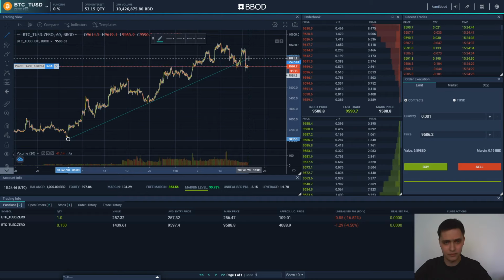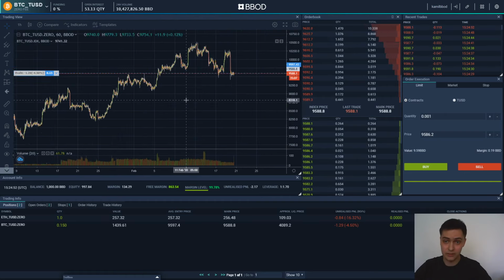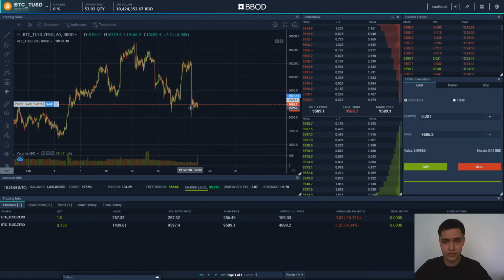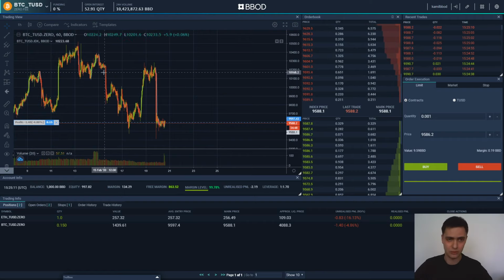Yeah, it's already broken, not relevant. So yeah, now we just wait. As you can see in here, there is a spike below the recent low, but the market didn't manage to hold Bitcoin below that, so we're still above the 9,500 mark. So we'll see how that will end.